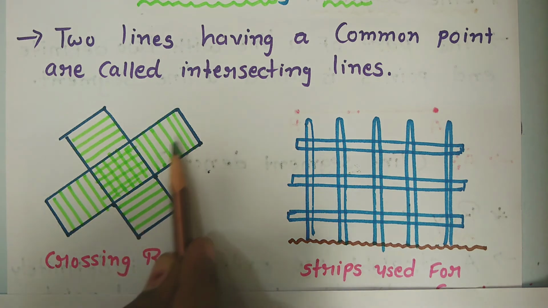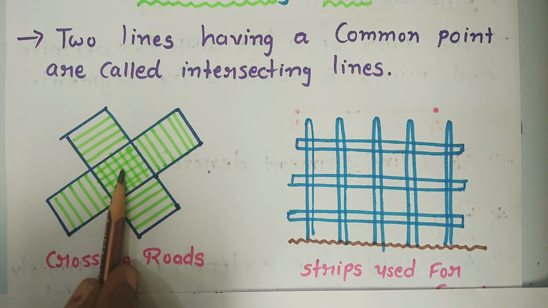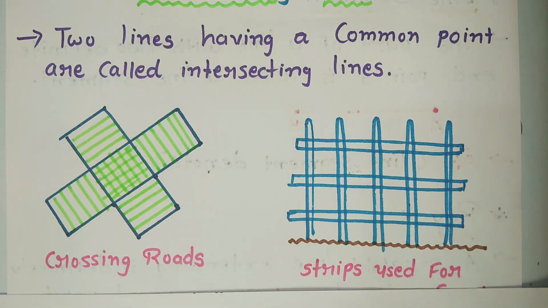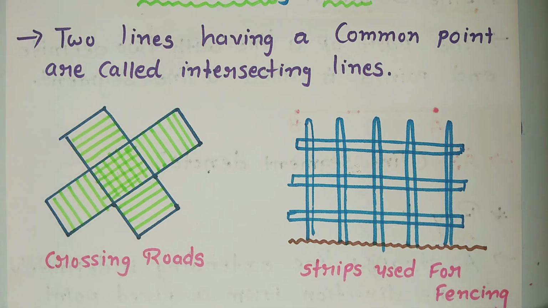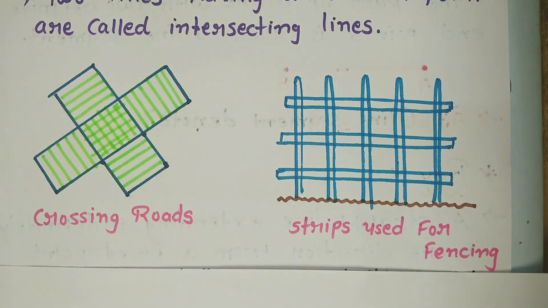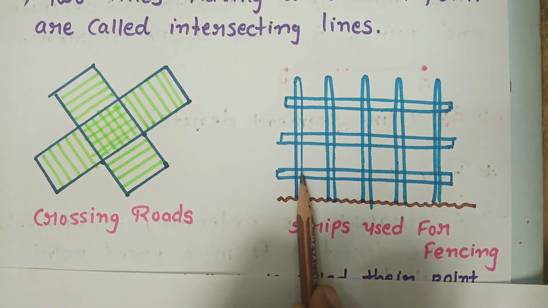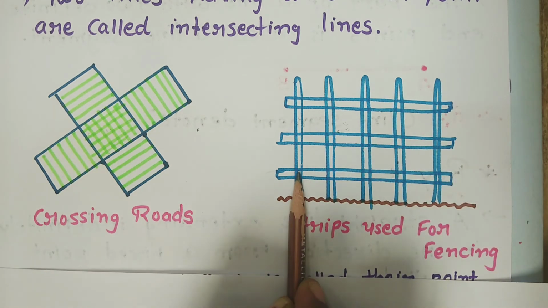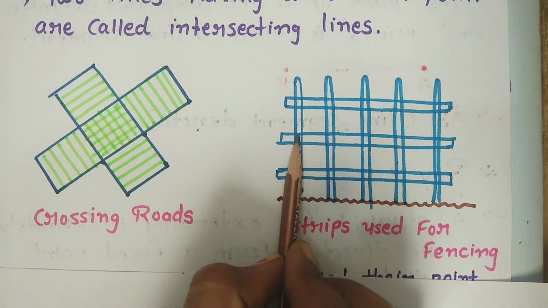You are seeing roads crossing; here they are meeting at this point, so it is an intersecting point. Strips used for fencing: where there is a farm, fencing is done, and the fencing lines also, here you can see this is vertical, this is horizontal. Both are meeting at this point, so it is the intersecting point. This is also an intersecting point.